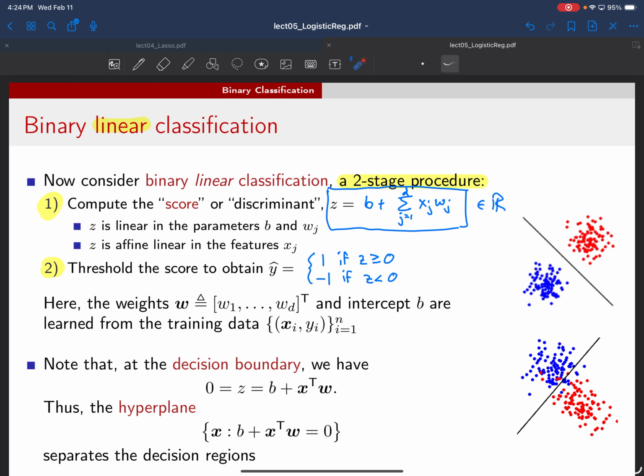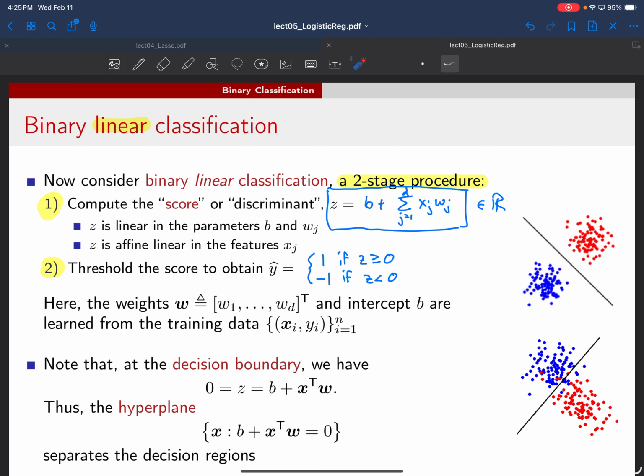The first stage, if you look at it, looks pretty much identical to linear regression, right? The only thing that's different here is that we've changed the notation for the prediction coefficients. Instead of beta 0, we're using b. And instead of beta 1 through beta d, we're using w_1 through w_d. I didn't do this just to be confusing.